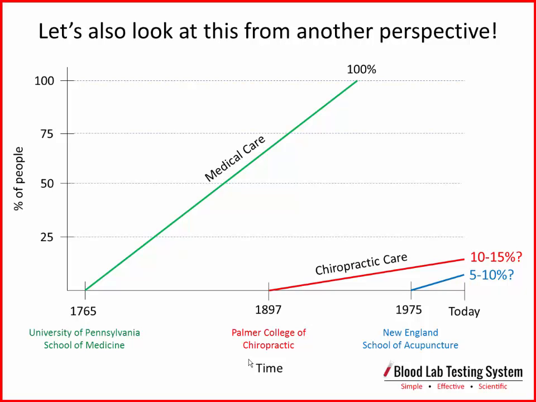So what do you think is a way that we could get more people utilizing more holistic, natural forms of healthcare? I will suggest to you that every person that walks through your door is already conditioned by the medical system to think that blood lab testing has a very high value in identifying what's working well or not working well within the body chemistry.